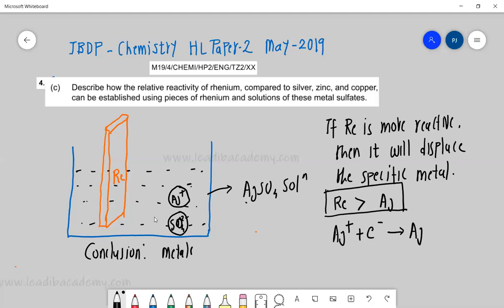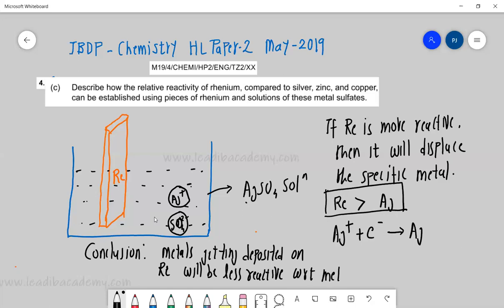Metals getting deposited on rhenium means rhenium will be less reactive with reference to that given metal.